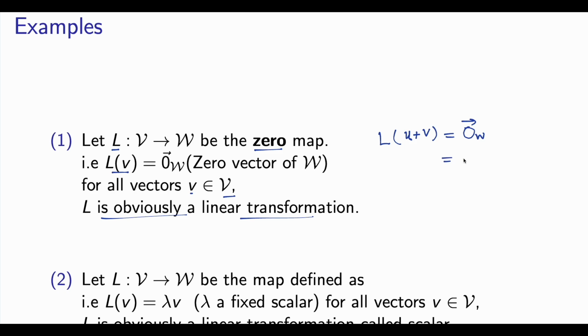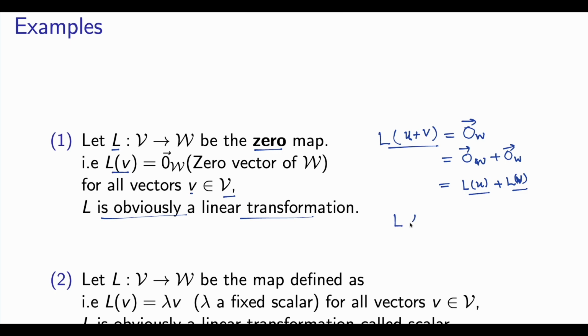can be written as 0 of W plus 0 of W. This can also be written as L of u plus L of v. So the first property holds: L of u plus v equals L of u plus L of v.